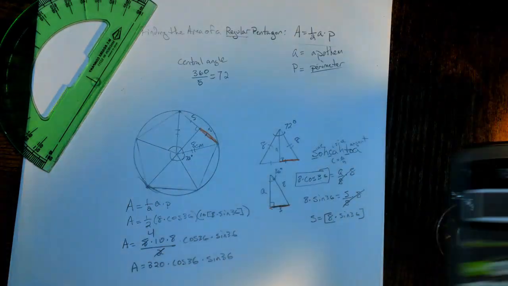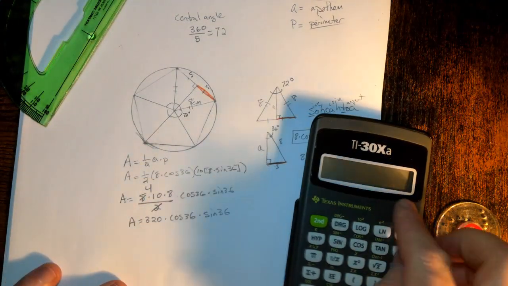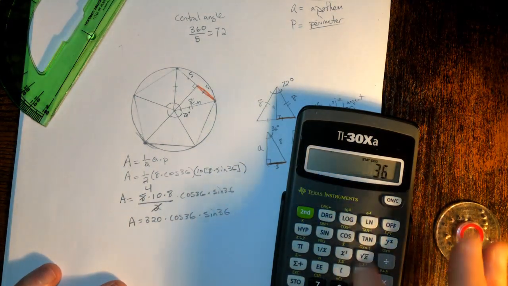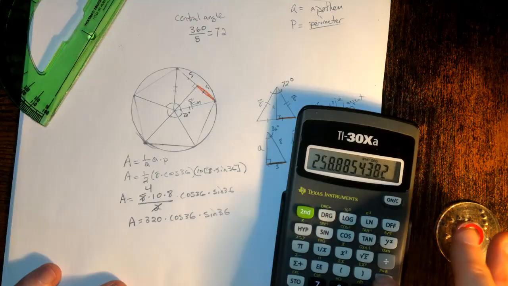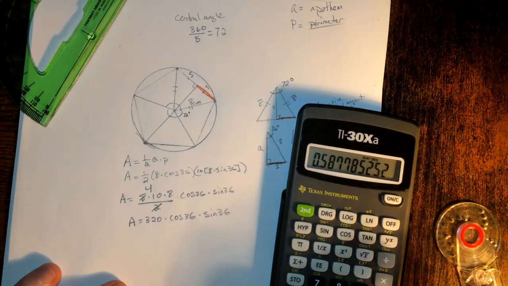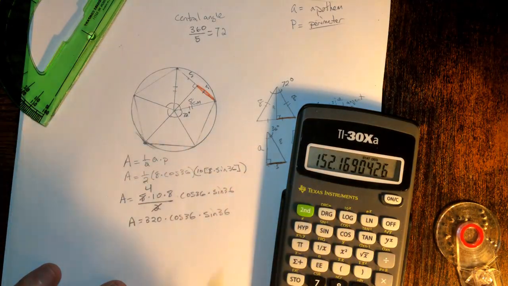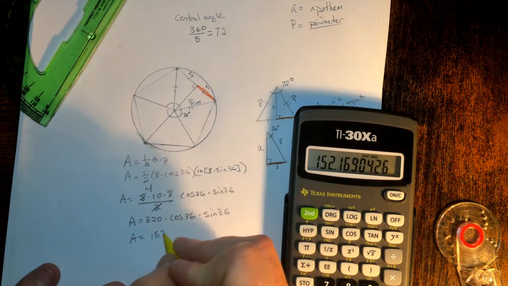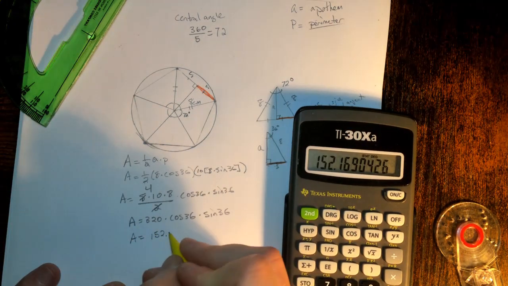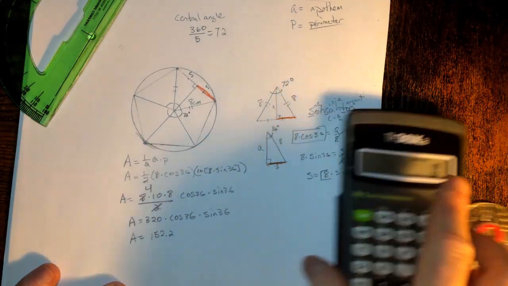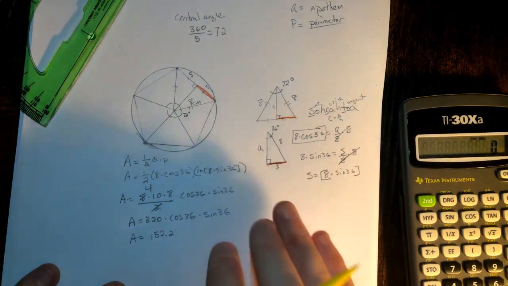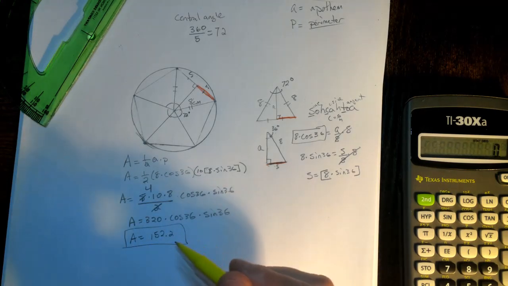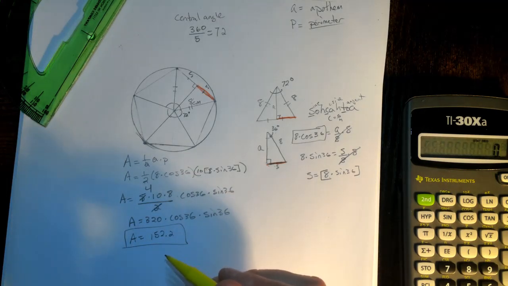Then I can break out the calculator: 320 times cosine 36, times sine 36, and depending on what you want to round to, I find the area of this shape to be 152.0, if I round to the tenths place. So that is one technique to do it, and that should help with recognizing the process.